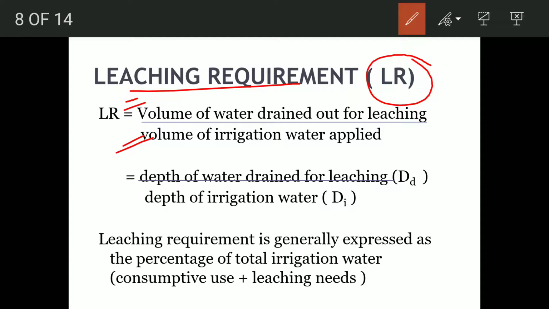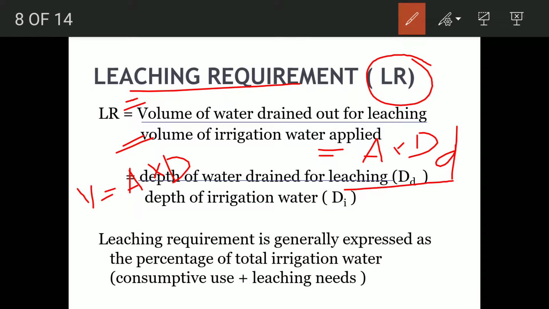We know volume is always equal to area into depth. So, we can write the volume of water drained equal to area of the field into depth of water drained, and volume of the irrigated water applied can be written as area into depth of irrigated water.